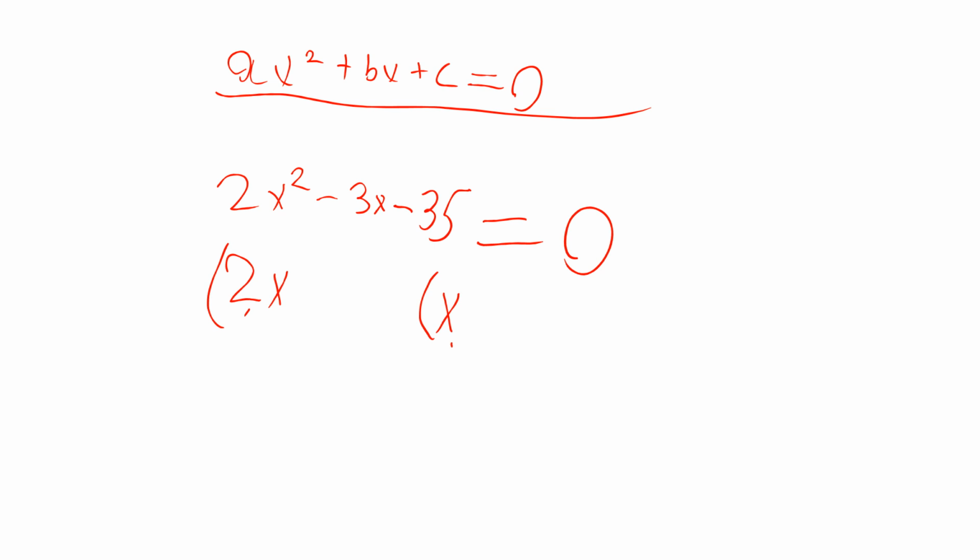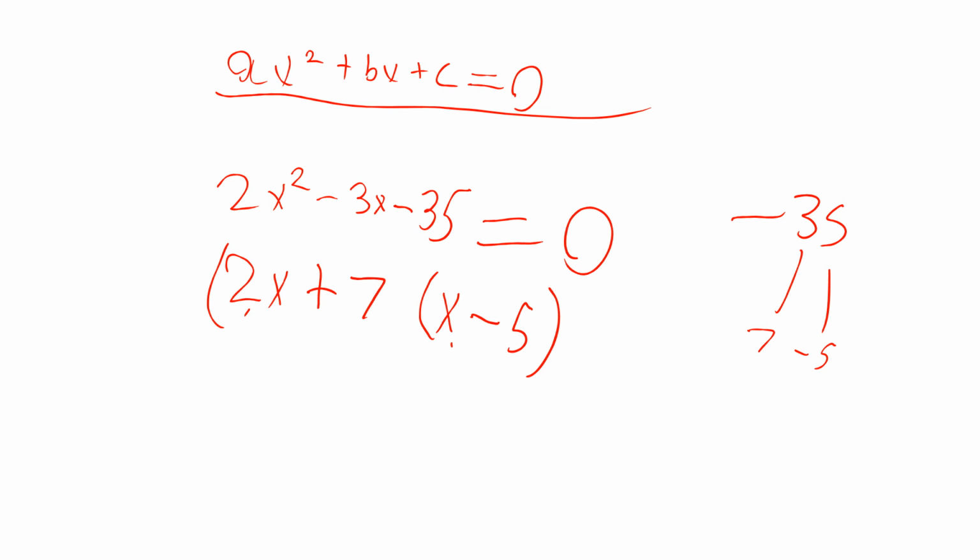Moving on. Now here comes the part which requires the most attention. We need to find the constant term, negative 35. We find factors, in this case 7 and 5, plugging them in as plus 7 and minus 5.